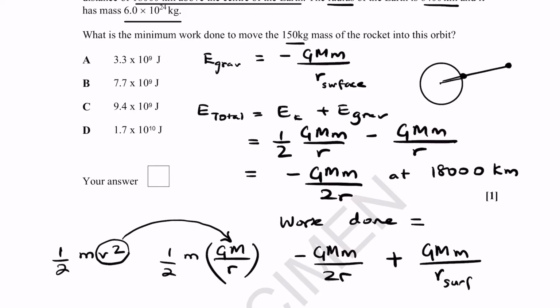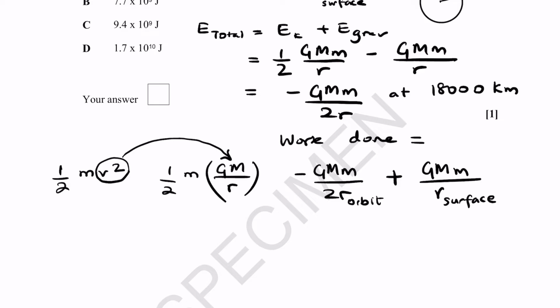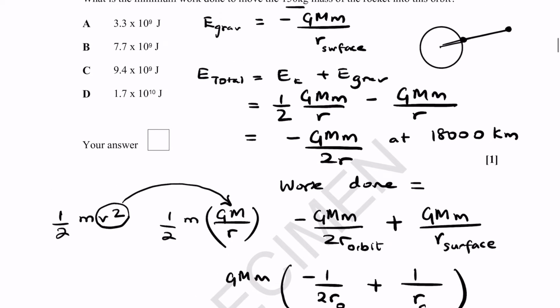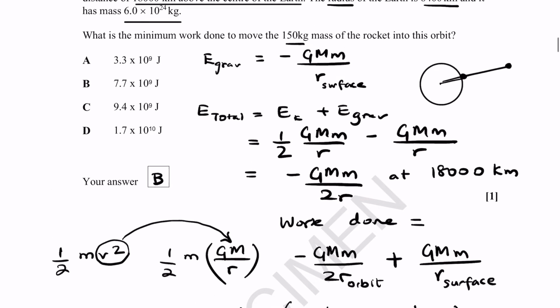These two values of r are completely different, r at the surface and in the orbit. So we can simplify this by taking out GMm and leaving it as 1 over 2r plus 1 over r at the surface. And when we put that all down, we end up getting B as the answer.